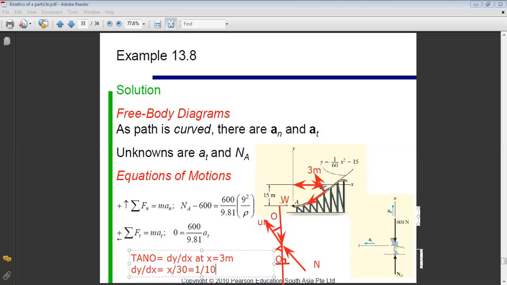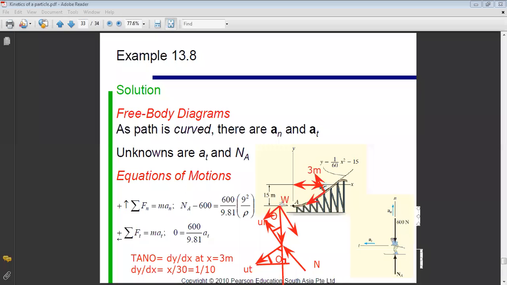Now, once you find theta, you will project your forces on un and ut. So let us do this together. Sum of Ft in this case will not be 0. Why? Because look at the figure. It's true that n is still along un, but the weight can be decomposed into two components: one along positive ut, and one along minus un.